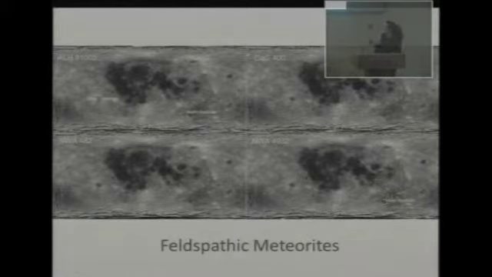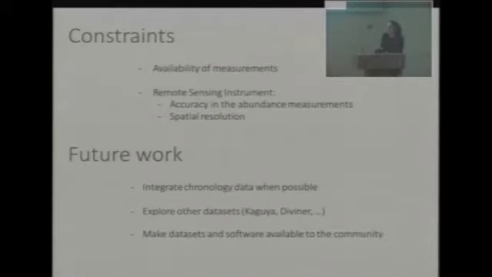So it was interesting that most of the results that we have are related to the Mare Australe or other areas with cryptomare material. So despite that we have a successful validation, there are several things that we have to take into account using this approach. First, whether we have measurements and what the quality of that measurement is.